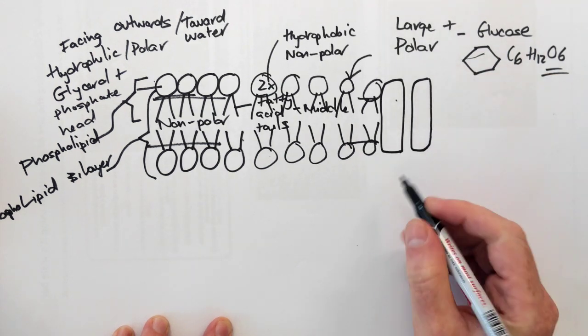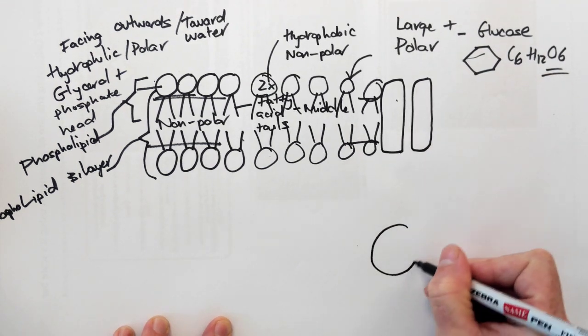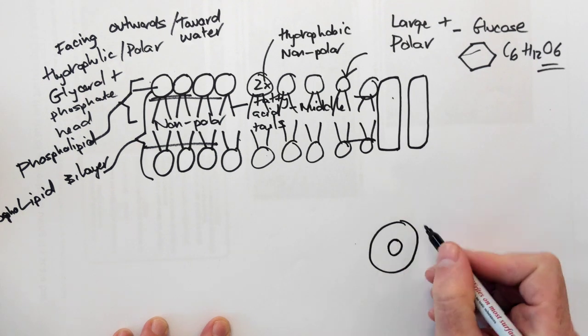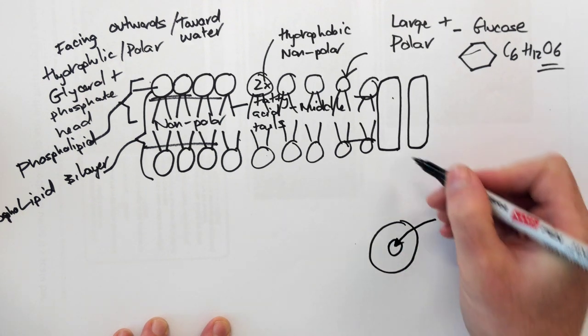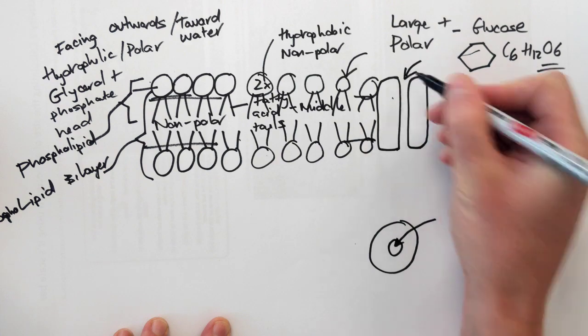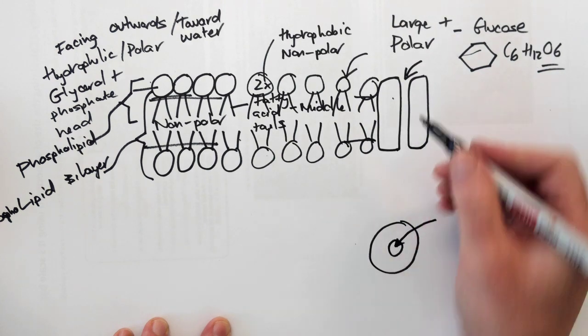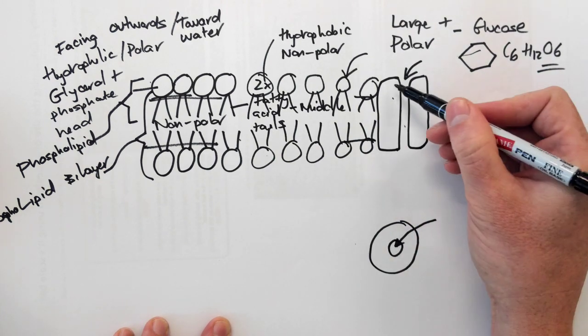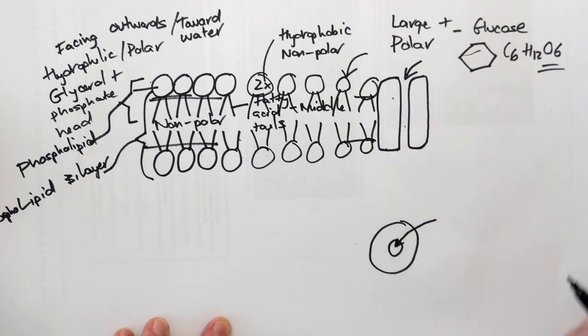Now, if we were looking at it from above, it would be more like something with a hole down the middle. So that would be the hole where glucose is going to move down. This channel protein is going to cross the membrane.